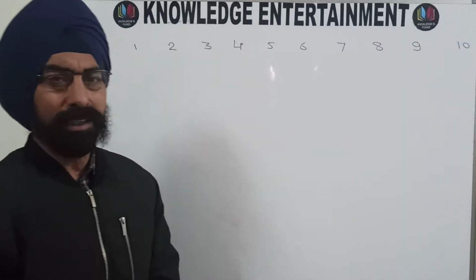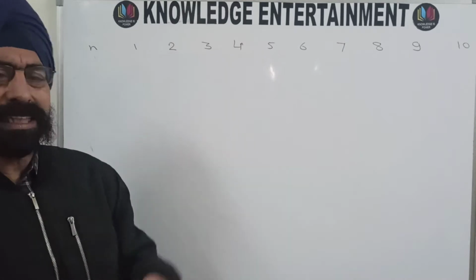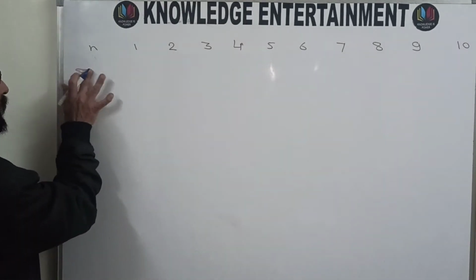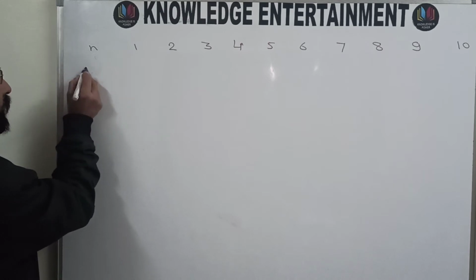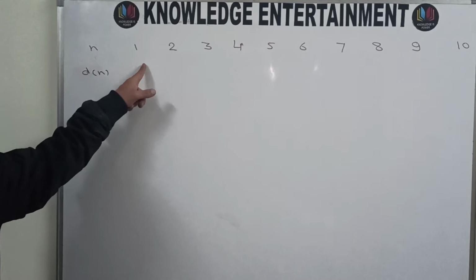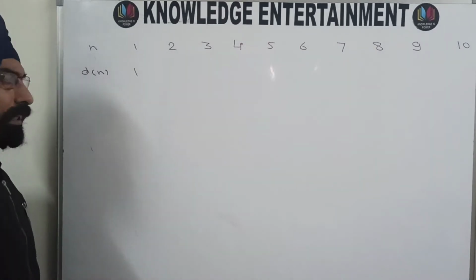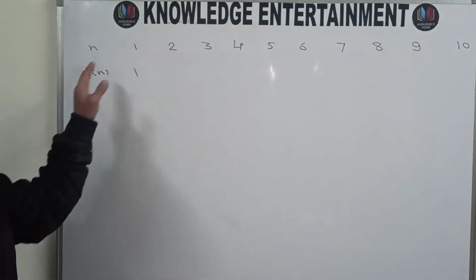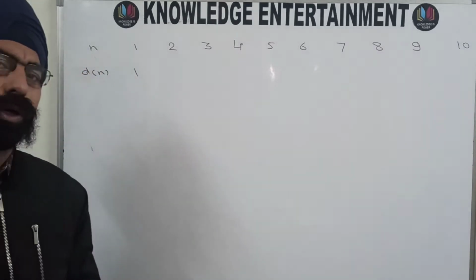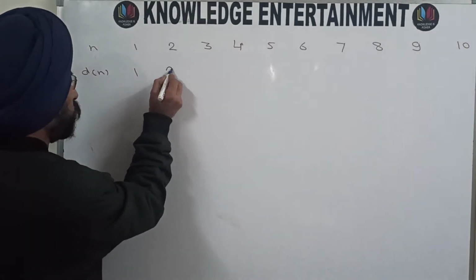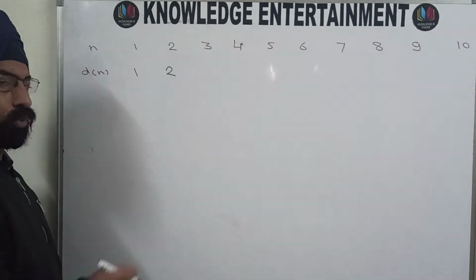So I think it is more than enough. For these values of n, let us see what is the value of d(n). First of all, number of divisors. So how many divisors does 1 have? It is only 1. So d(1) is 1. If you take n to be 2, then d(2). How many divisors of 2 are there? These are 1 and 2. So there are 2 divisors. So d(2) is 2.